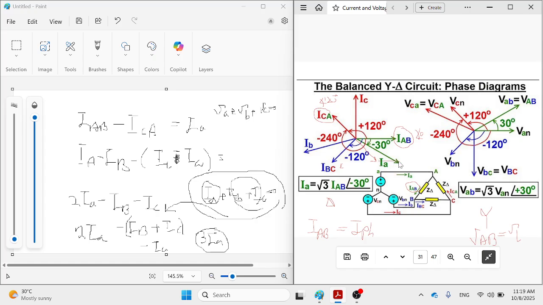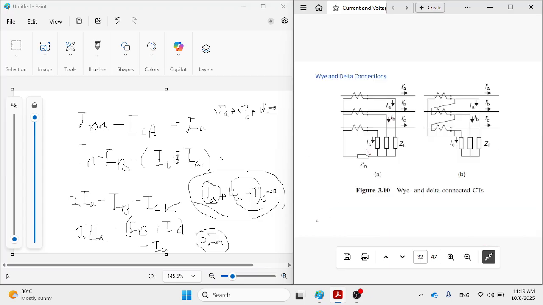The same construction by that one, this one, you reach this point, which is minus 30, means 30-degree lag from IAB, which is the phase, and this is the line currents. Okay, the phase and the line currents. Then that one is somehow understanding why the current equals this one and how we can decipher.